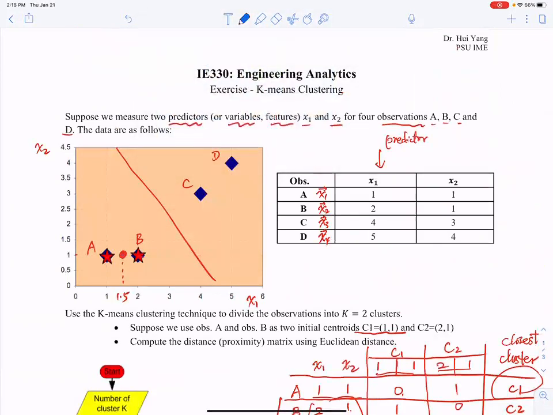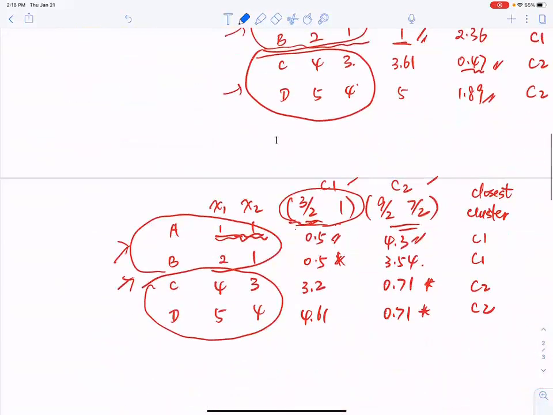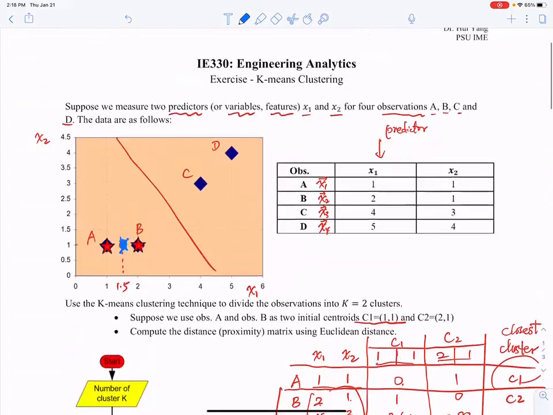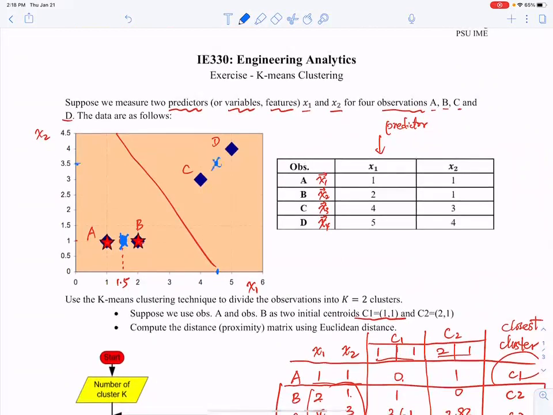This is the final centroid. The second centroid location is 9 over 2, that's 4.5, and 3.5. So 4.5 should be here, and 3.5 is right here. So the second centroid is right here.